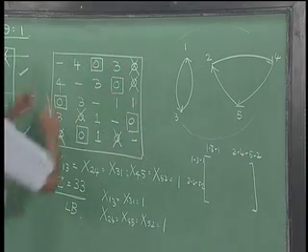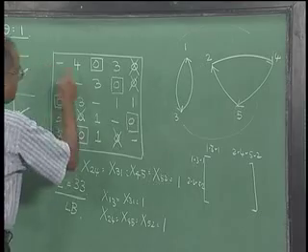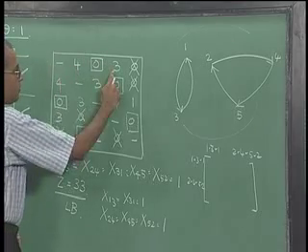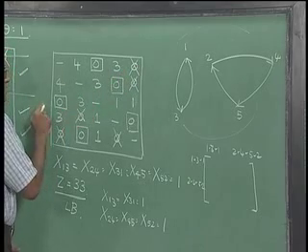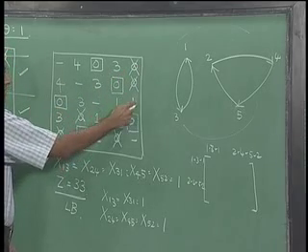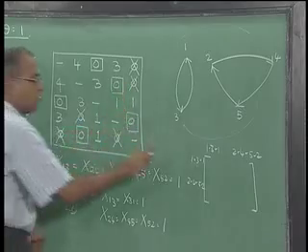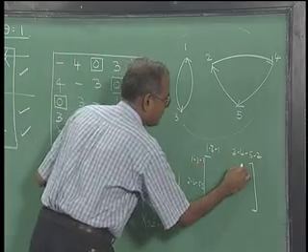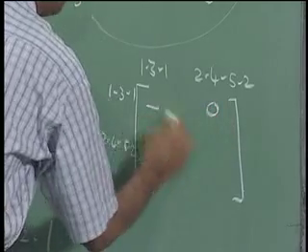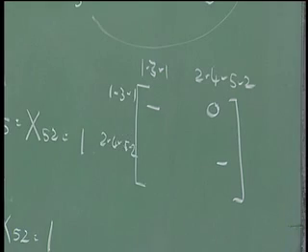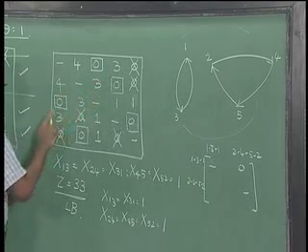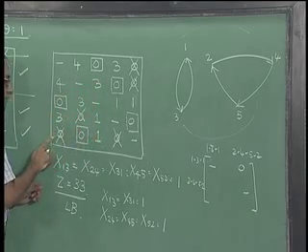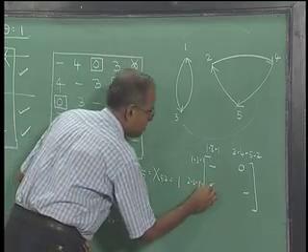Now, 1 to 2, 1 to 4, 1 to 5, the minimum is 0, 3 to 2, 3 to 4, 3 to 5, the minimum is 1. So, from 1 3 to 2 4 5 2, the minimum is 0. This will all obviously have a dash, and from 2 4 5 2 to 1 3, 2 to 1, 2 to 3, 4 to 1, 4 to 3, 5 to 1, 5 to 3, the minimum is also 0.